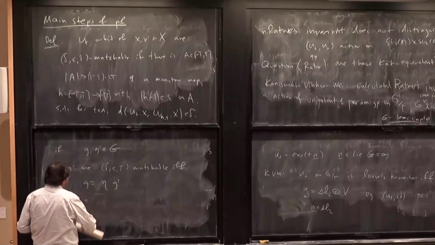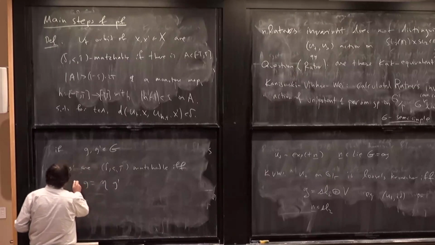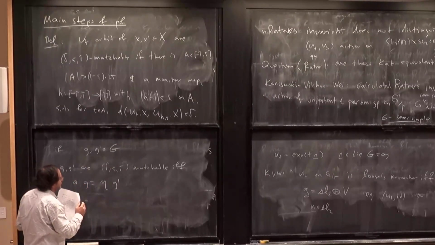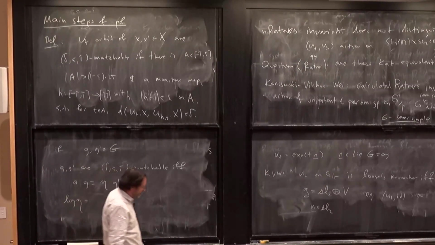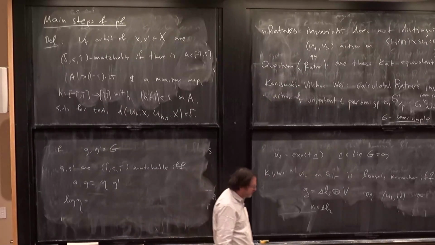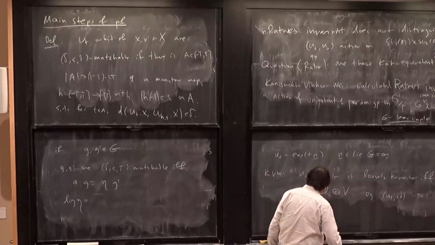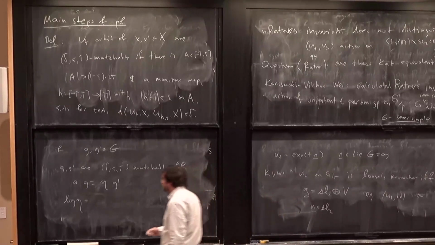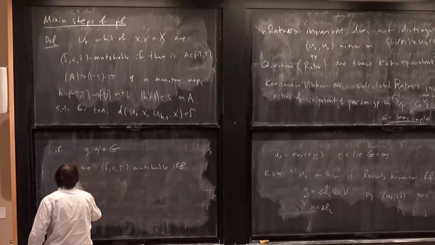In semisimple groups, every unipotent element is, so let me say it this way.